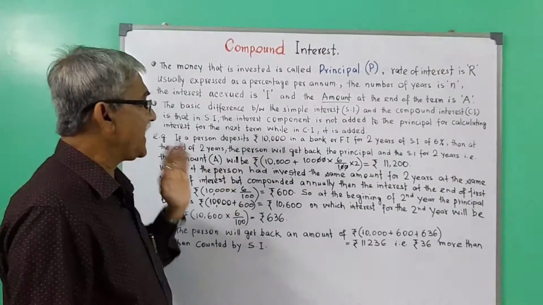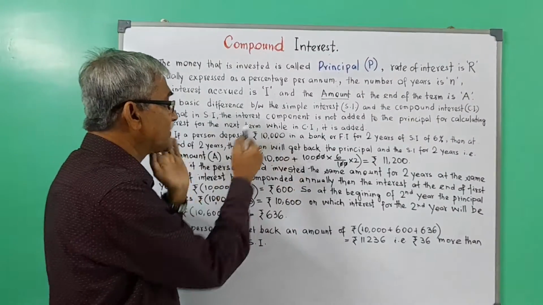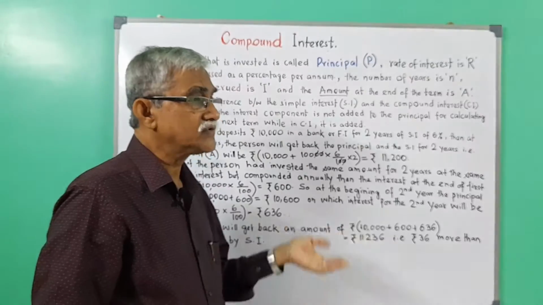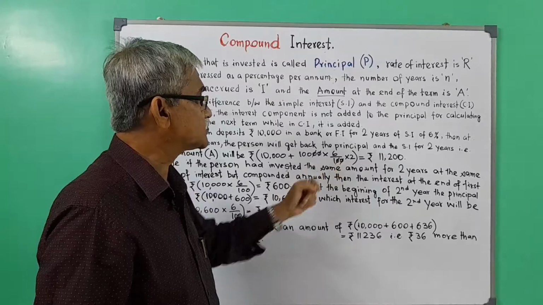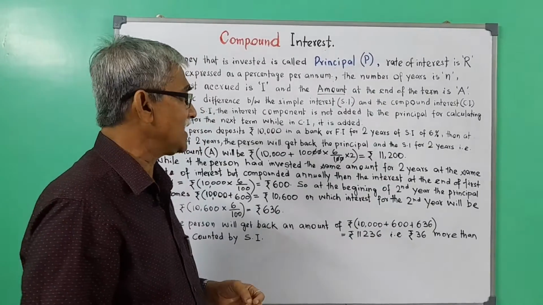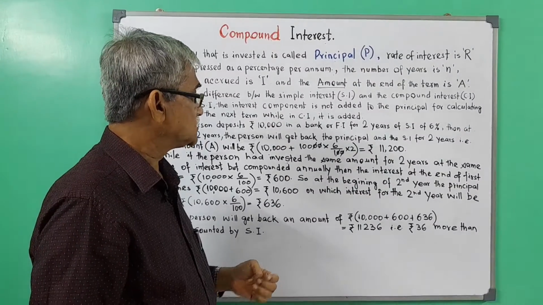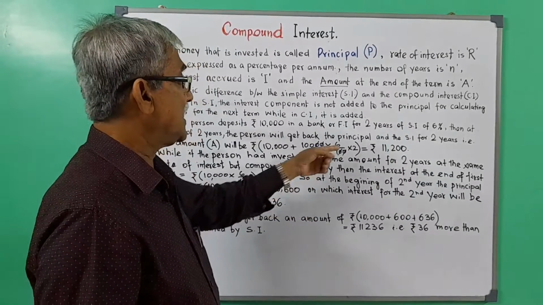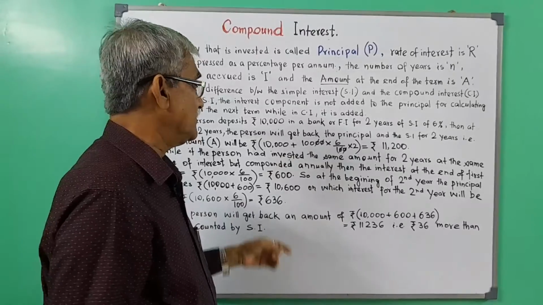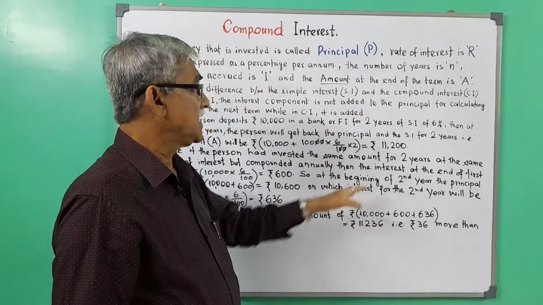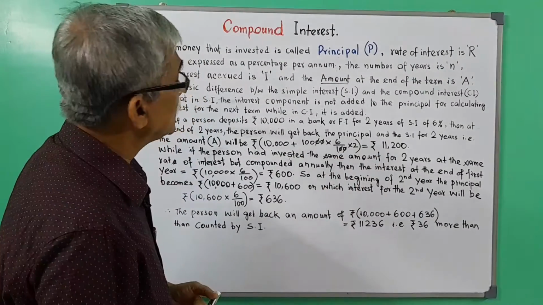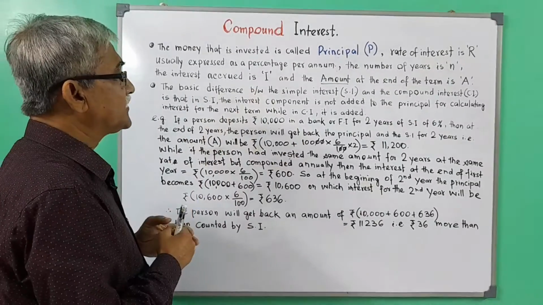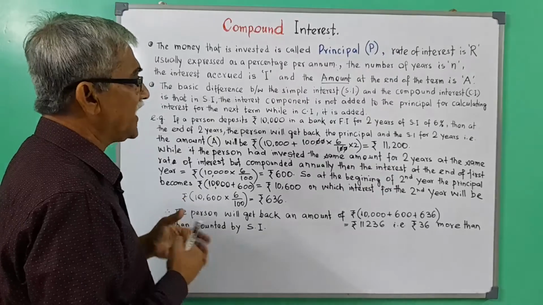That is, the amount A will be his principal rupees 10,000 plus the interest on this rupees 10,000 for 2 years at the rate of 6% per annum. The interest is PRN by 100. So this we calculate, and it amounts to rupees 11,200. So this is calculated based on the SI.